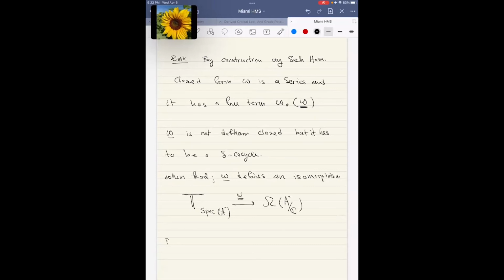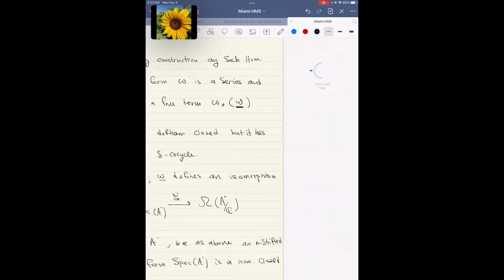Okay, so the definition is: let A dot be as above, an n-shifted symplectic form on the spectrum of the CDGA A dot is a homotopically closed two form omega, which I have now defined for you.